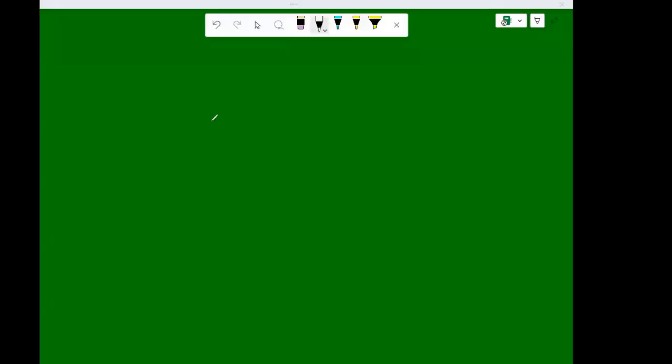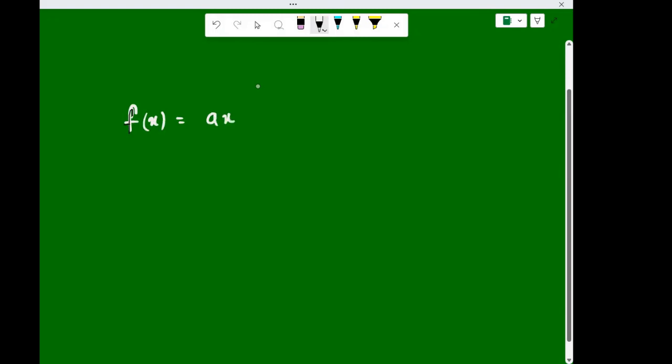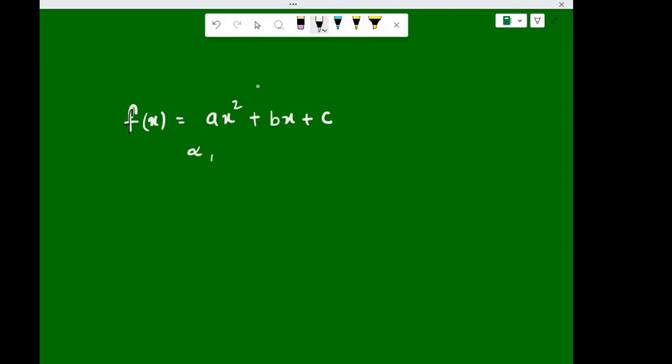Let us suppose f of x equal to ax square plus bx plus c is a quadratic equation, and it has some roots alpha comma beta. And now we are going to create the quadratic equation whose roots are 1 by alpha and 1 by beta. So here you can replace this x with alpha.